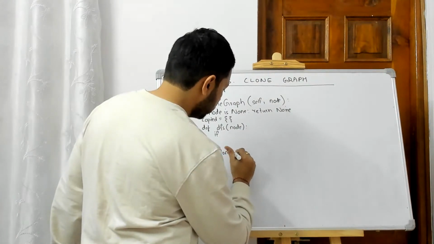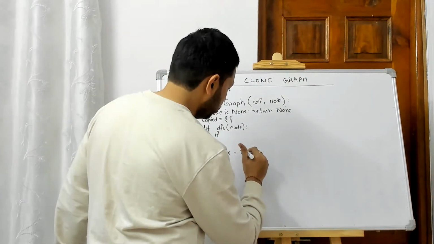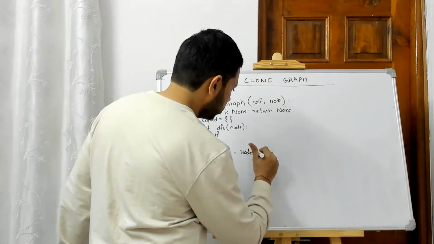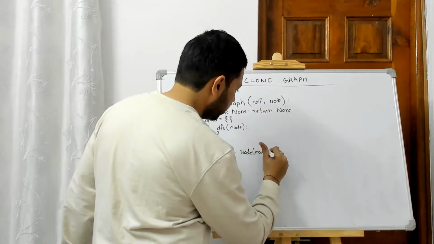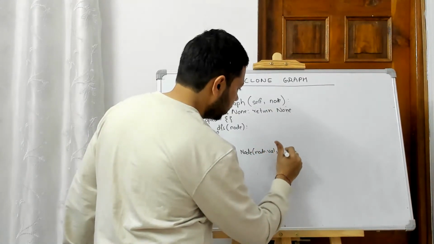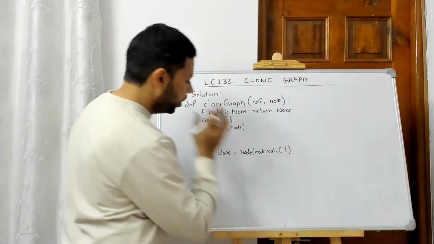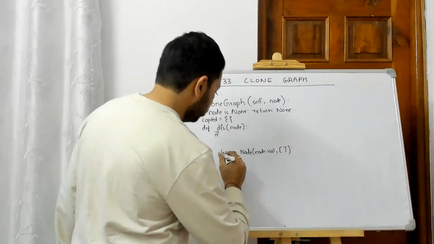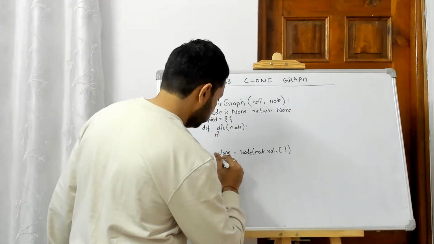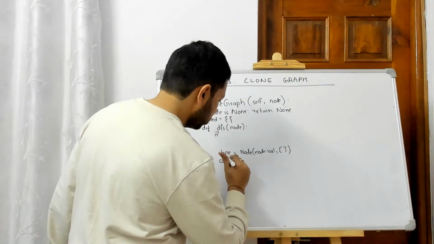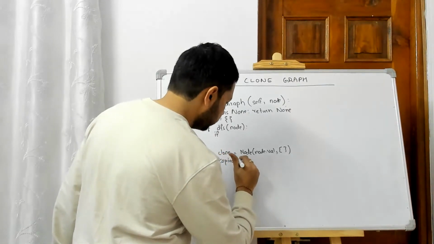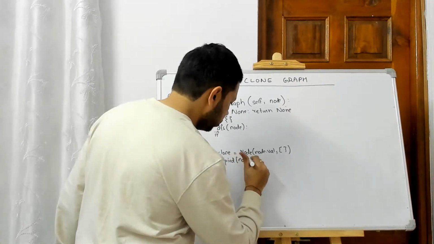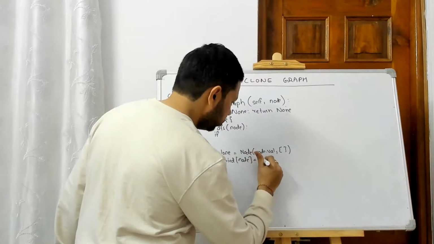This clone is node.val comma empty array. So it's an empty clone, and then you do copied of node is equal to clone.